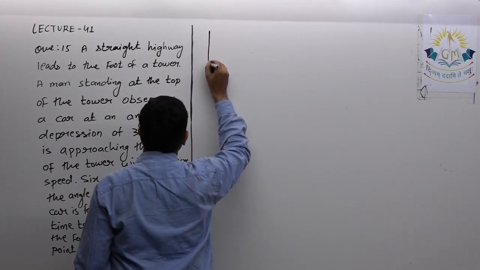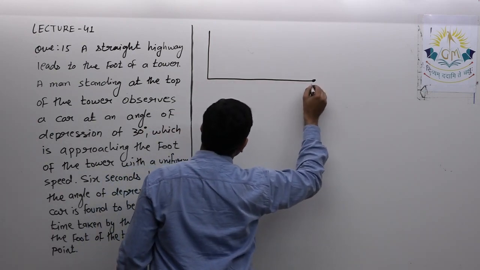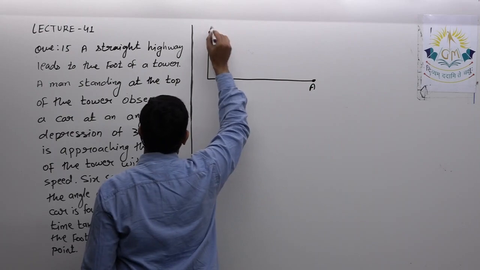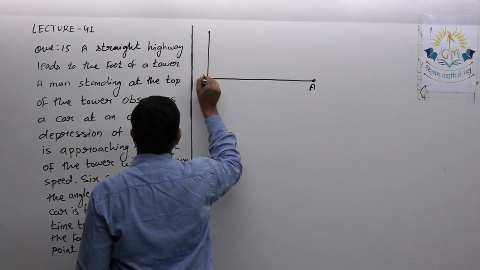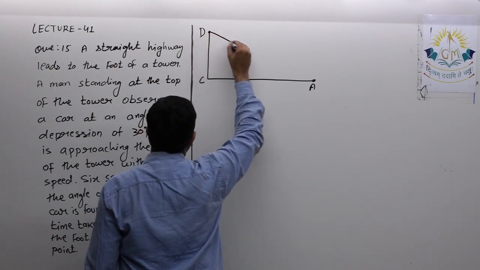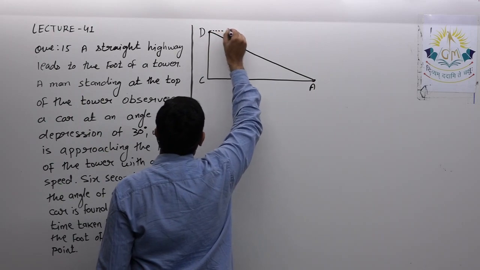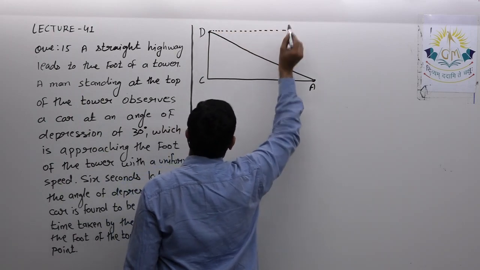So this is the tower, straight highway. This is the initial position of the car, we can say. Now when it was observed from point D, when the car was at point A, the angle of depression was 30 degree.